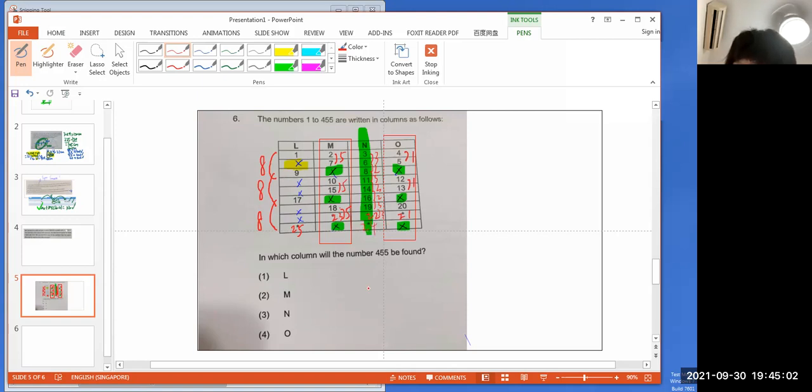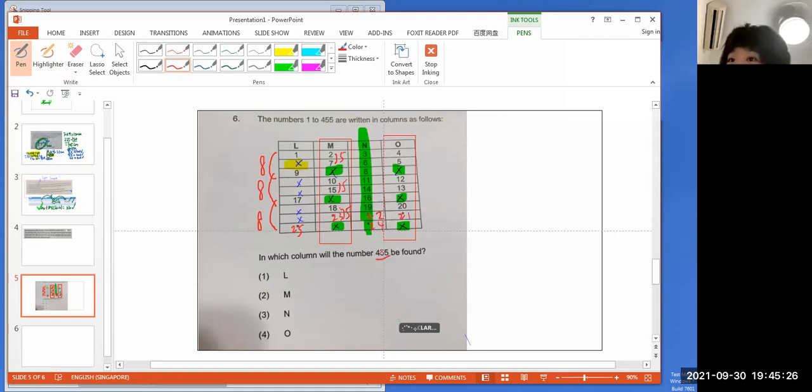Okay. So now the question is, what do you observe here? I observed that there is a pattern. No, I'm not talking about pattern now. Yes, of course you need to observe a pattern, but over here, let me just fill this up first.